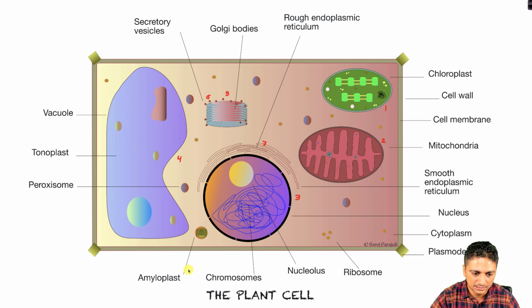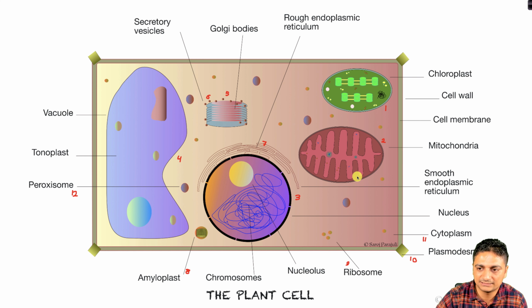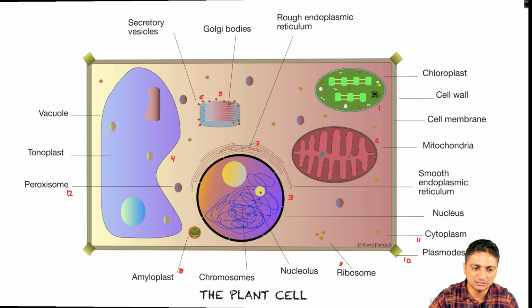And also we have amyloplast, and ribosomes are also present in the cell, and plasmodesmata are the connection between the two cells, and cytoplasm, and then within the vacuole we have tonoplast, and also another cell organelle is peroxisome. So there are many other small cell organelles that function within the cell. So we'll talk only about a few of the organelles in detail, like chloroplast, mitochondria, nucleus and vacuole.